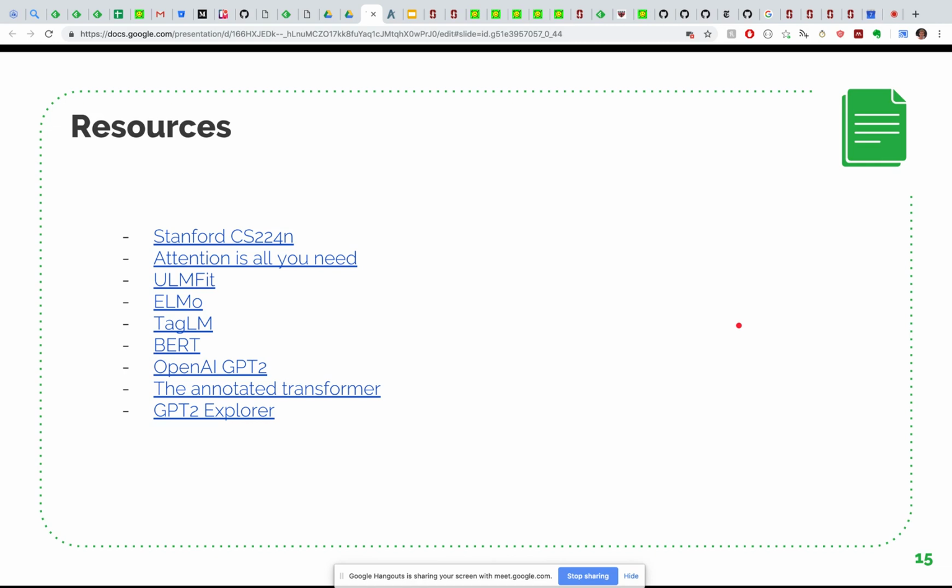Thank you for joining this presentation. Here are a few resources for language models. As usual, this Stanford NLP course is really great, and I really encourage you to take these lessons. There are also a few resources for papers, especially the annotated transformer, which I think was from Harvard NLP.